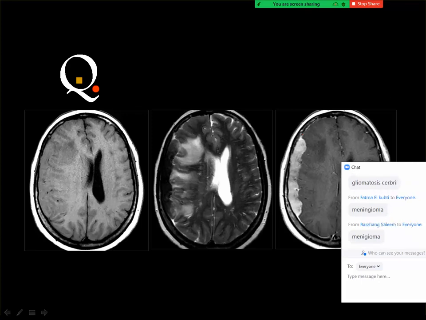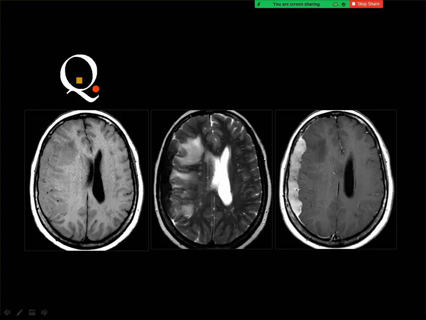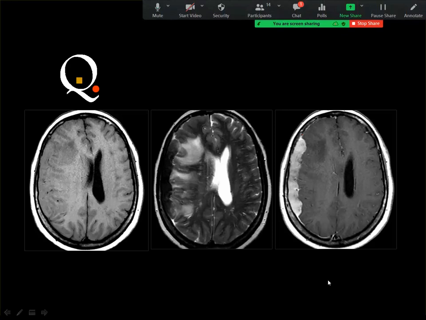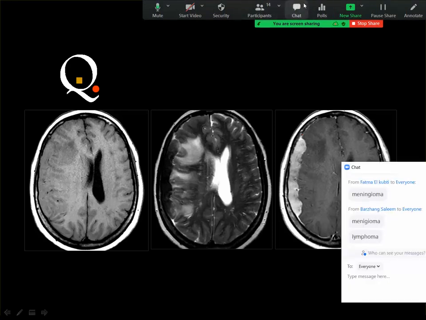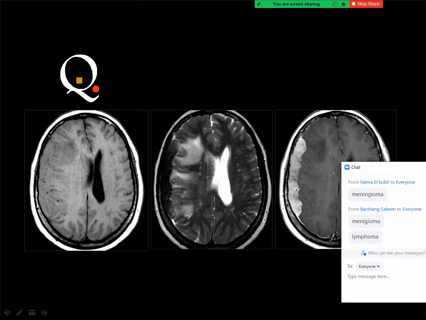No, this is not meningioma, although you can include it in the differential diagnosis. You know that the meningioma is a mass that usually does not grow along the inner table of the skull, but some types of meningiomas may produce a similar appearance.